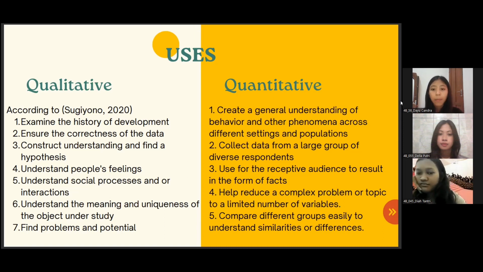Second, collect data from a large group of diverse respondents. Third, present the result to the respective audience in the form of facts. Fourth, help reduce a complex problem or topic to a limited number of variables. And five, compare different groups easily to understand similarities or differences.